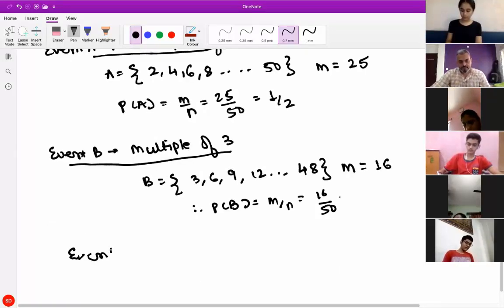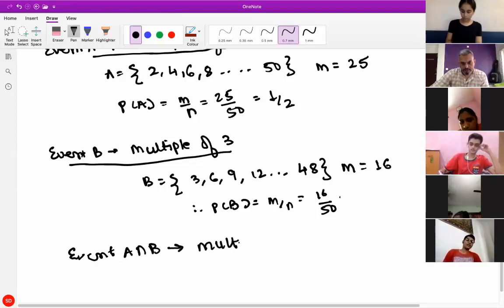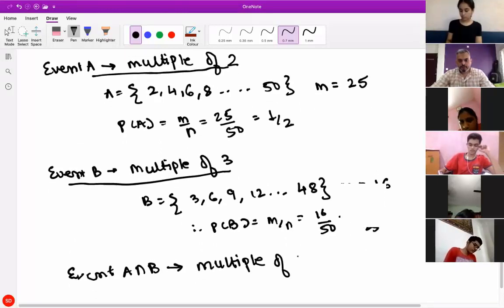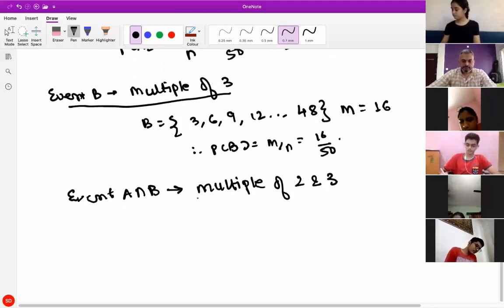Event A intersection B denotes what? Multiple of 2 and 3, which are multiples of 2 and 3. So which is A intersection B. 2 threes are 6.